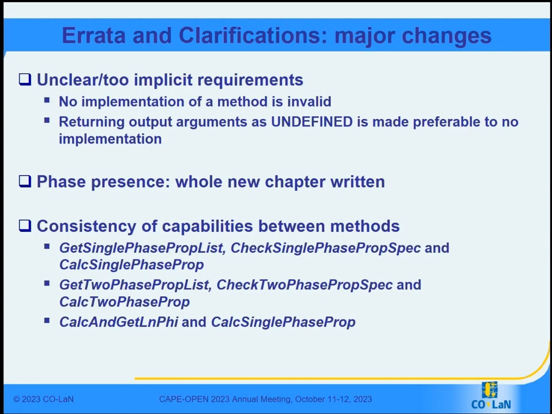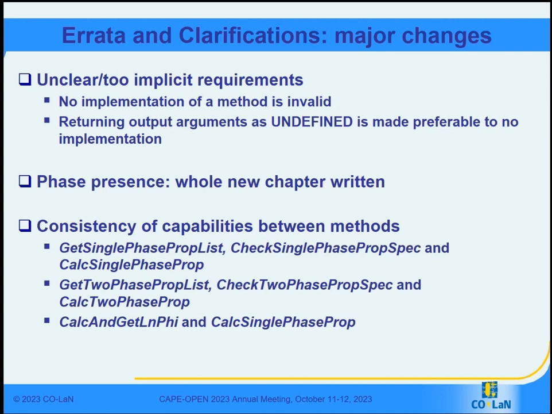Another big issue we have found in the specification was that the phase presence, or in other words the status of phase, is not clearly described, and for that reason we have added a whole new chapter that describes the proper behavior in detail and allows us to define the consistency test for that case.